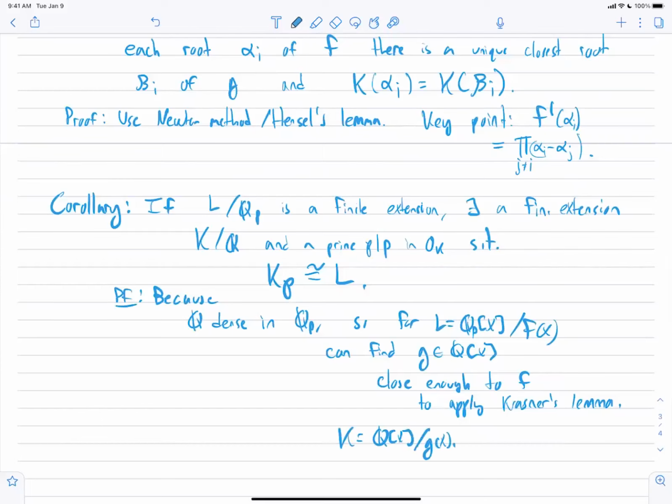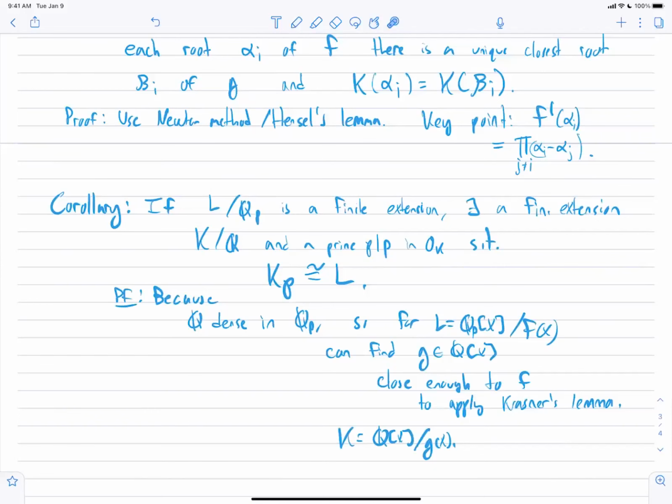And in fact, in this case, K tensor Q_p is going to have only one prime above p, so it'll be this one. Okay, good. So that's one nice example.